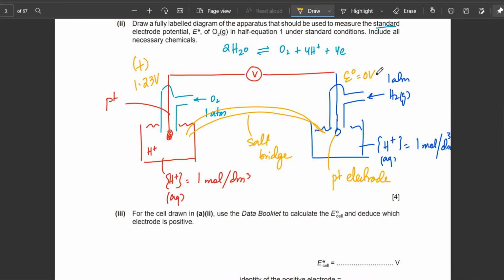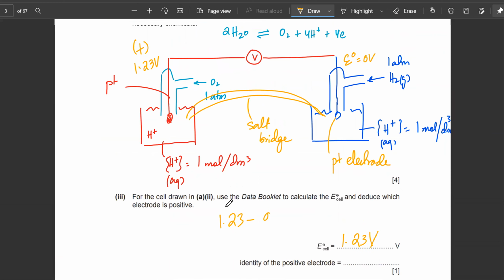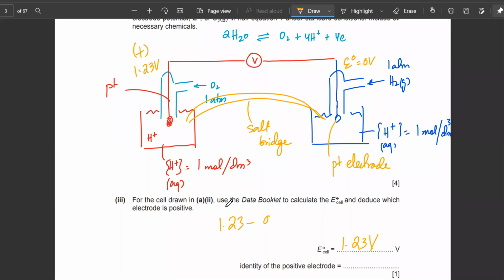So not 0 volts, it gives you 1.23 volts. So it's 1.23 minus 0. Okay, so is this question clear? Yes, sir.